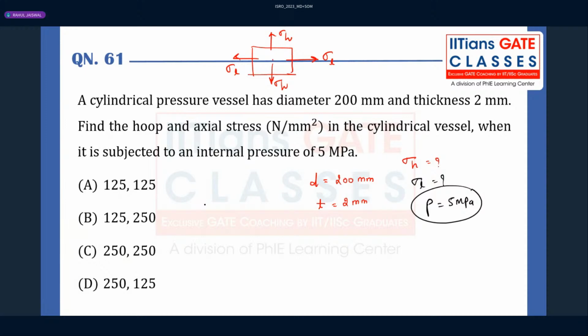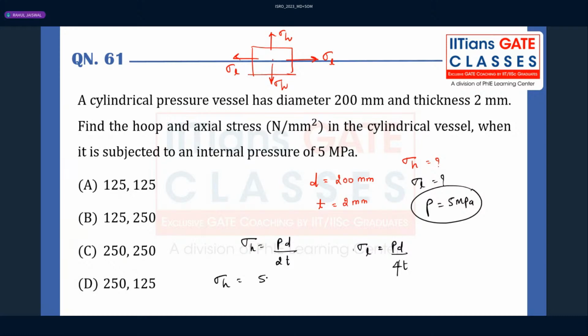Okay, now when you see this question, they are asking what is the hoop stress and what is the longitudinal stress. So hoop stress, we know the formula: PD divided by 2t, and the longitudinal stress, or axial stress, will be PD divided by 4t.